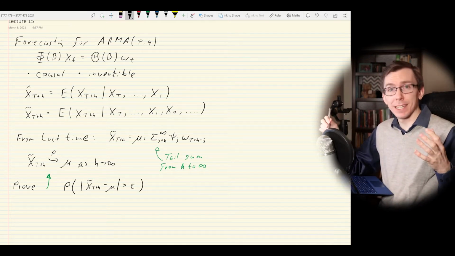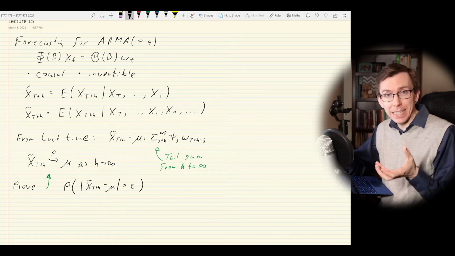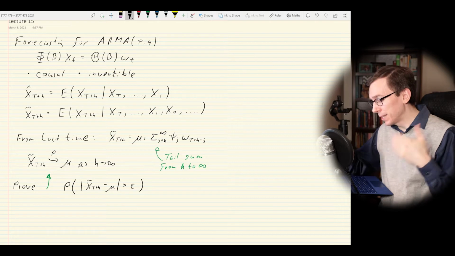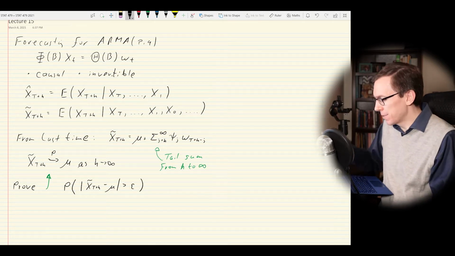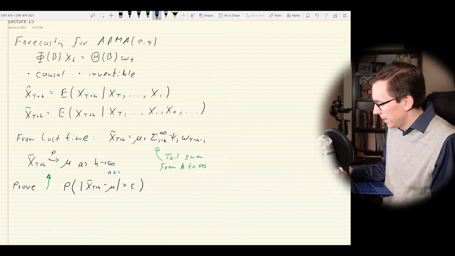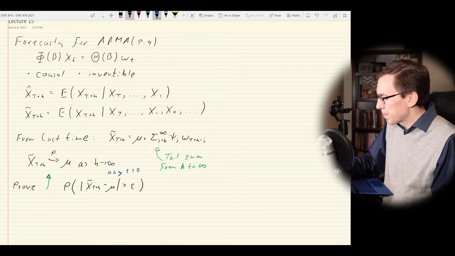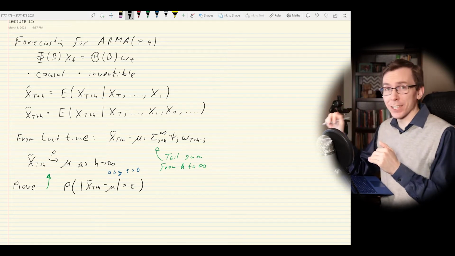So this is the probability that our random variable differs from the mean, the limit that we believe is there, by some amount epsilon. I should put that in: for any epsilon greater than 0, as h goes to infinity, we want this thing to go to 0.